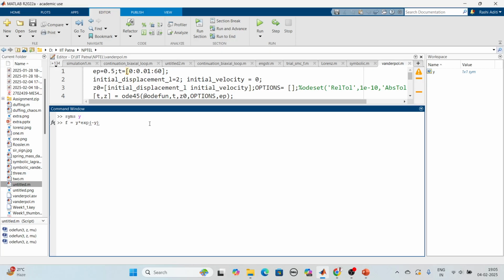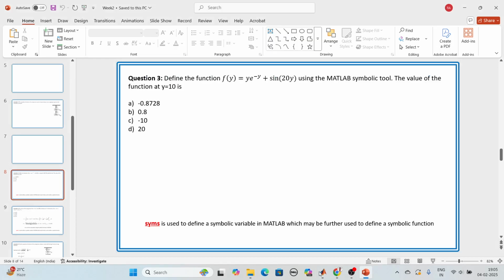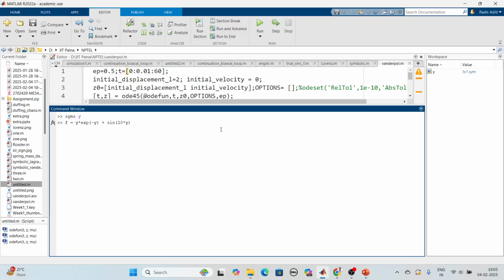In MATLAB, the exponential function is defined as exp, minus y, plus sine of 20 into y. Let me just cross check. Yeah, it's fine. We'll do enter.